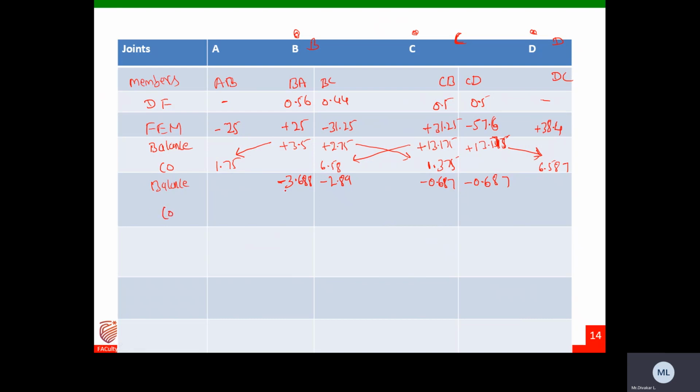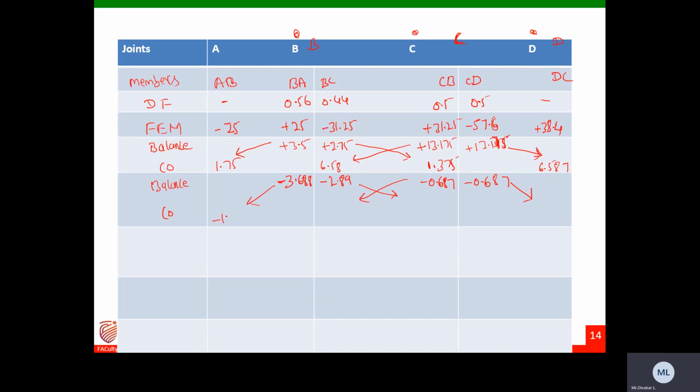Now once again do the carryover. Now I did the balance. Multiply with the distribution factor, then carry over. Half of the moment should be carried to each of these places. Why? Because with respect to B, A is fixed. With respect to B, C is continuous. With respect to C, B is continuous, D is fixed. So half of the moment should be transferred.